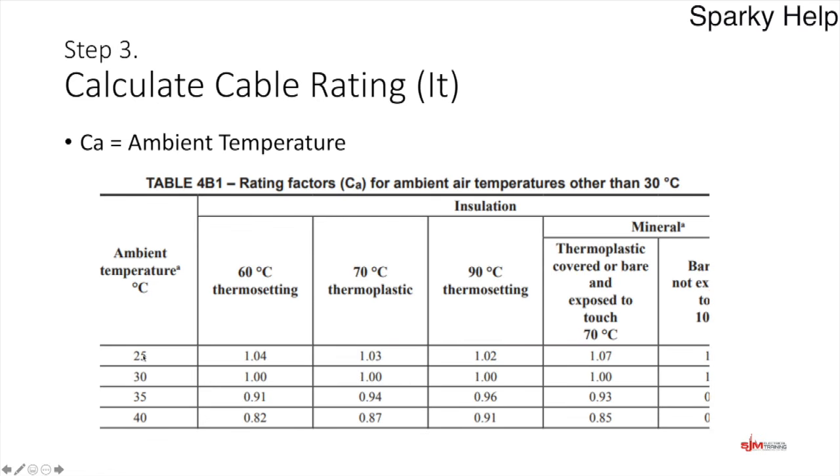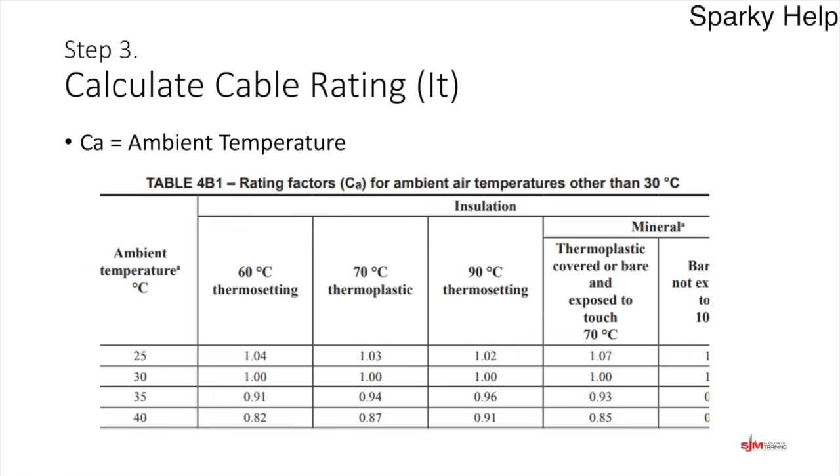But if you have an air temperature that is lower than 30 degrees, then the correction factor goes above 1. And if you divide a number by 1 point something, it will make it smaller. On these tables, you're looking at your temperature on the left-hand side, and then the type of insulation, because the bit that limits current through all cables is not the conductor, it's actually the insulation.